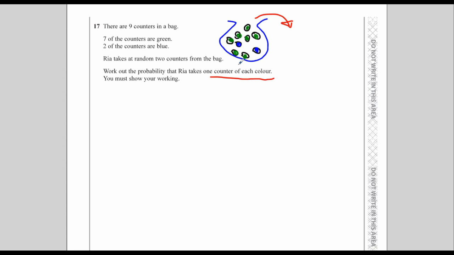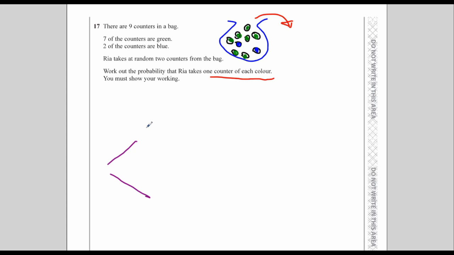Now I've already thought in my head of another way you can do this, and that would be to find the probability of getting two the same and take it from 1. But I want to show you the conventional way of doing it, where we look at all the options. So let's use colours.